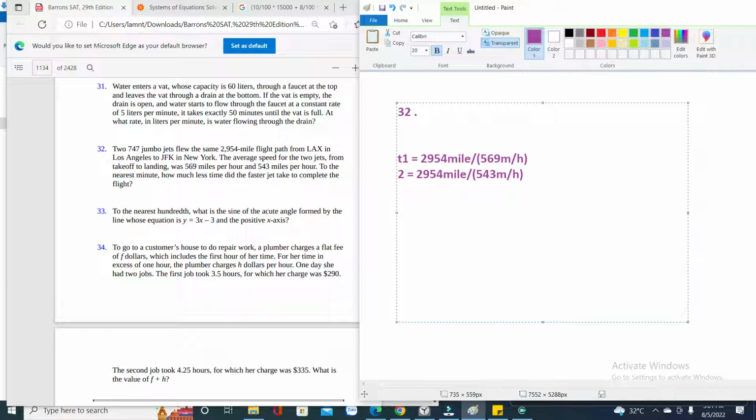So let's calculate this in terms of hours.